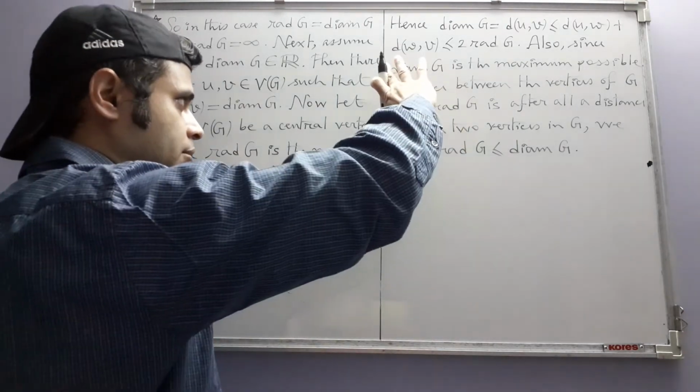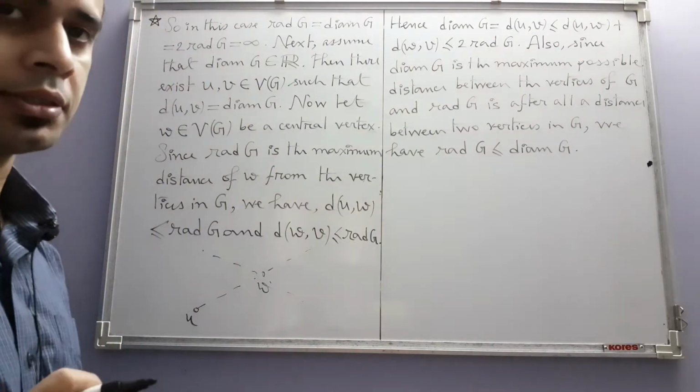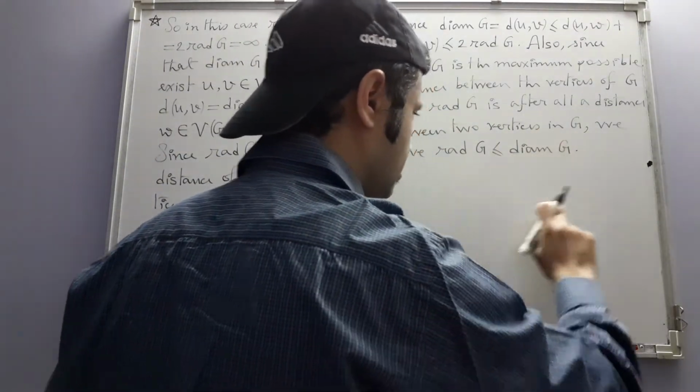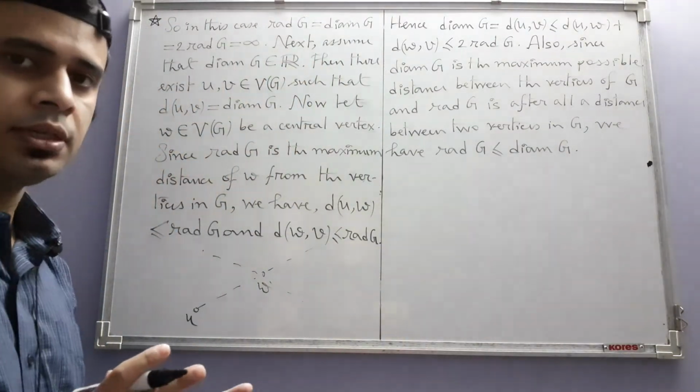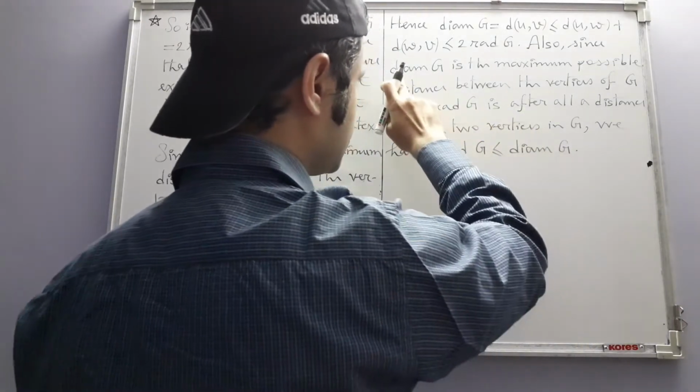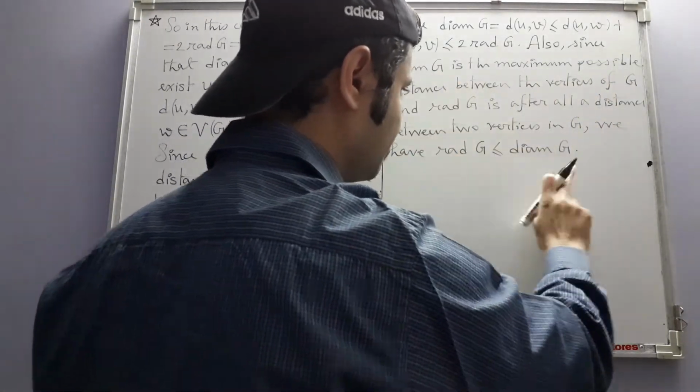I should have said this one first. You see, now our case is the case where the diameter of G is finite. But before saying that, let us just make sense of what I have written here.